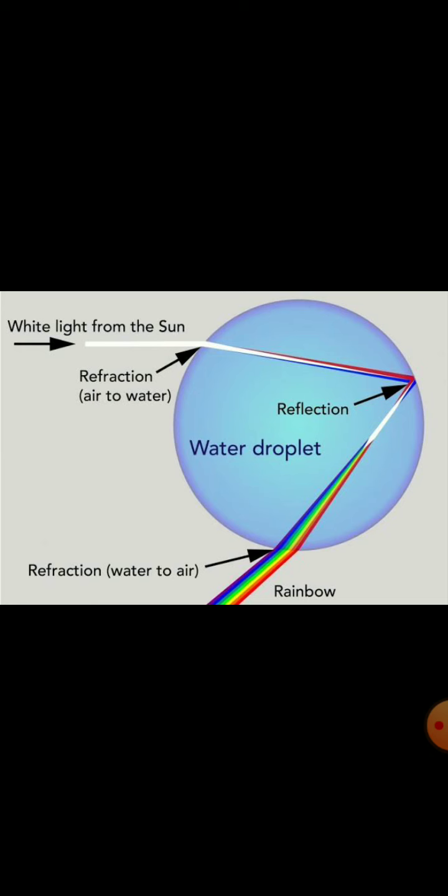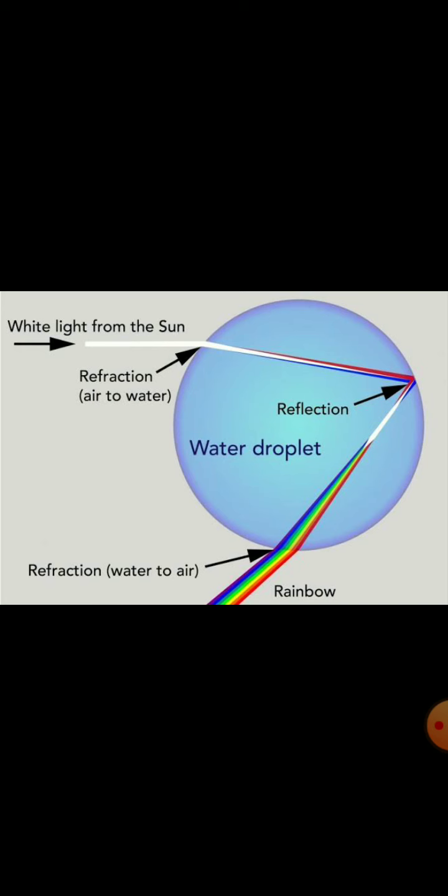So these steps you need to remember. First step, refraction takes place, dispersion takes place, reflection takes place, and again when the ray is coming out, at that time again refraction will take place. Now do you think why again refraction is taking place?